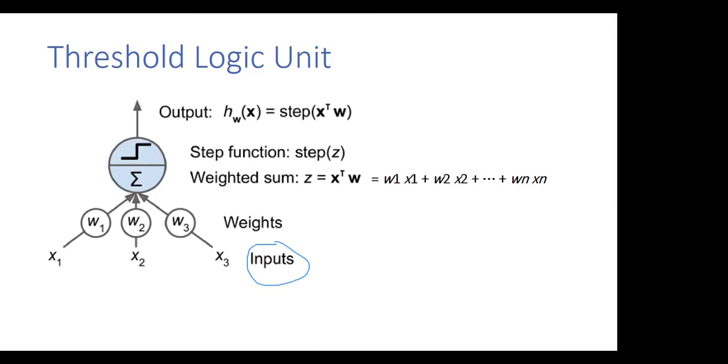Every input will always have a weight, and you'll see later on the bias function. In this TLU, it always has a step function that can be easily changed to, for example, a softmax. And if you remember, softmax just converts everything to 0 or 1 for your probability.